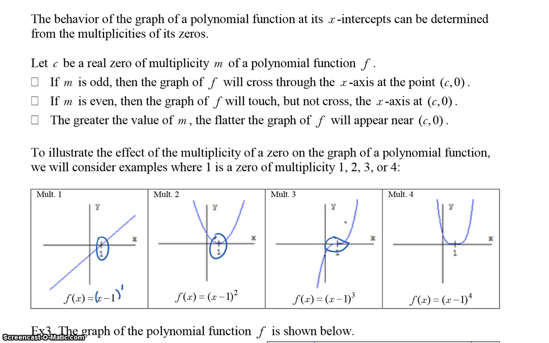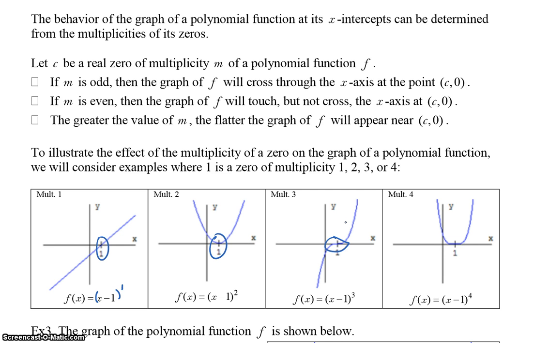And then multiplicity 4, consider f(x) equals (x minus 1) to the 4th. Again, x equals 1 is an x-intercept. But now with even multiplicity, the graph is back to touching but not crossing the x-axis at x equals 1. So similar to multiplicity 2.